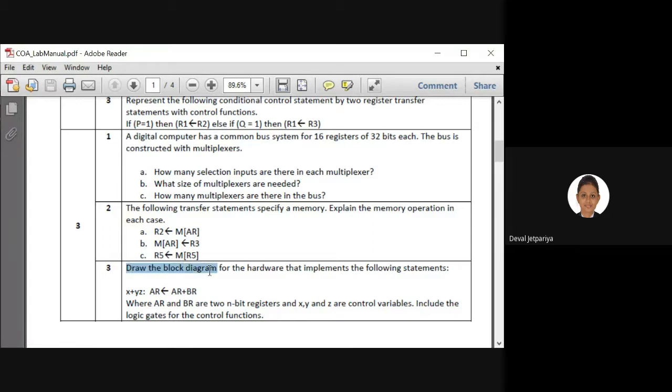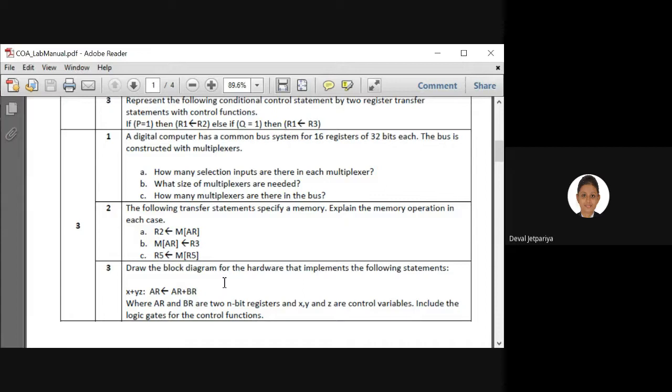But here they have specified to draw the block diagram of the hardware to implement the following statement. So very easy. You need to draw one diagram of this addition statement. First of all, here we are adding the content of the AR and BR registers.